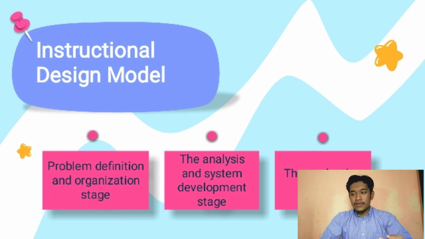In the problem definition and organization stage, the developer performs problem identification, background analysis, and management organization. Next, in the analysis and system development stage, the developer performs identification of objectives, determining the method, and determining the prototype.